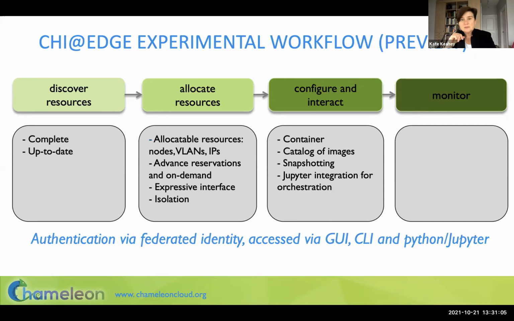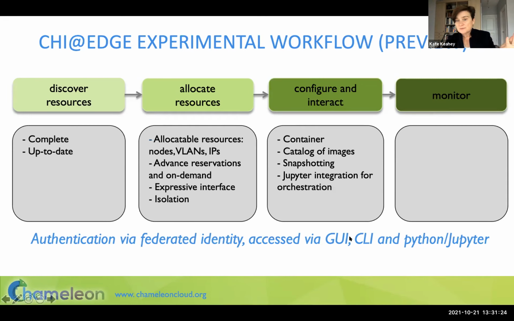So then in terms of reconfiguration, like I said, we do reconfiguration by containers. We, again, provide a catalog of images. You can snapshot those images, so you can configure them and create a new image. And we provide that coveted Jupyter integration for orchestration.